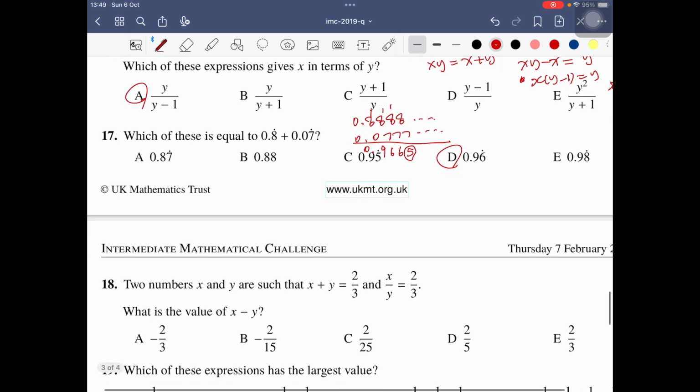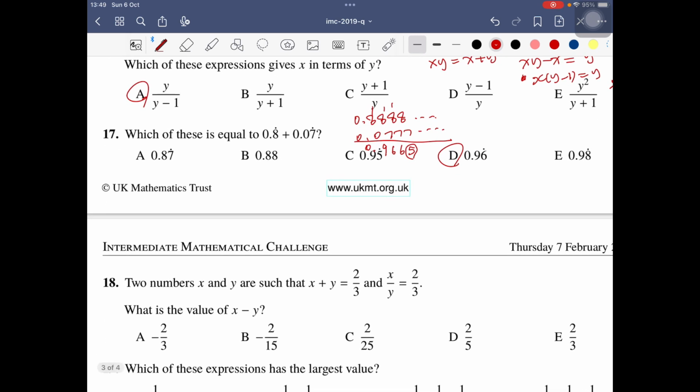But this was just an easy guess. If we need to solve this properly, we can convert this to a fraction. When we have only one recurring digit, we have 9 in the denominator. So this is 8 over 9. Plus, this has one recurring digit and one non-recurring digit. So 9, 0: the 9 comes from the number of recurring digits, and the 0 comes from the number of non-recurring digits. So the denominator is 90.